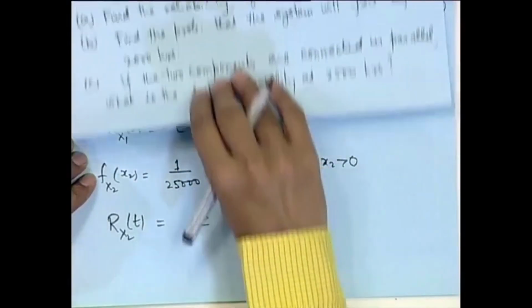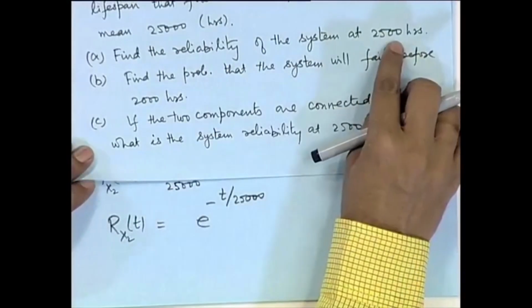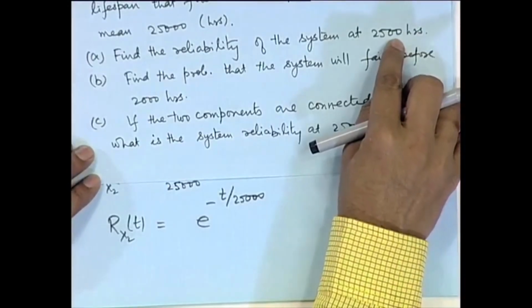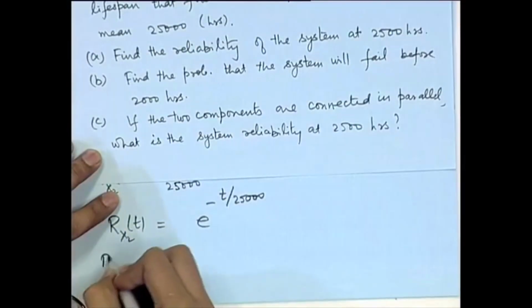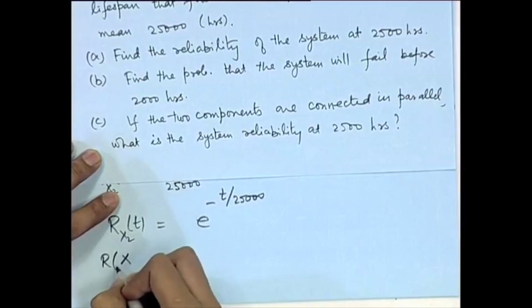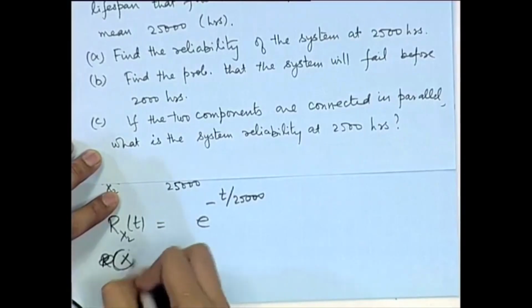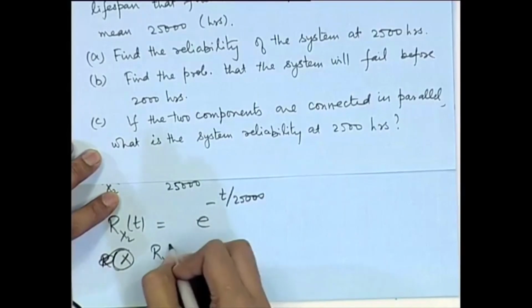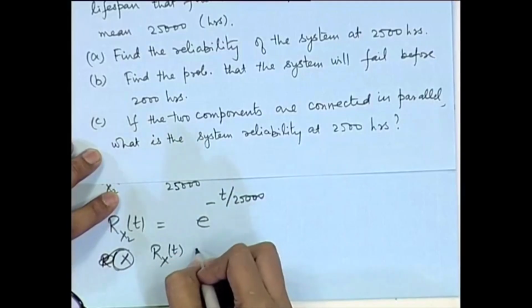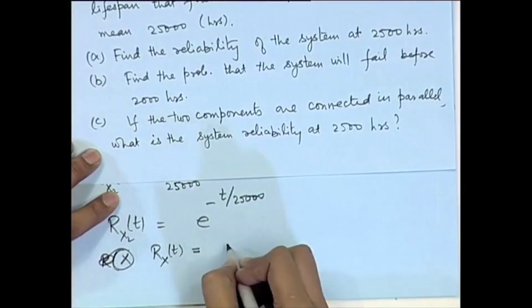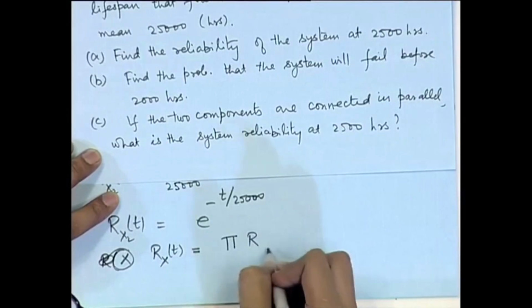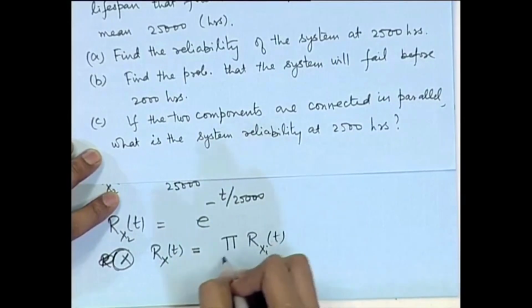Now, we are interested in the reliability of the system at 2500 hours. Suppose the system life is X. The system reliability at time t, for a series system, is the product of the individual reliabilities.